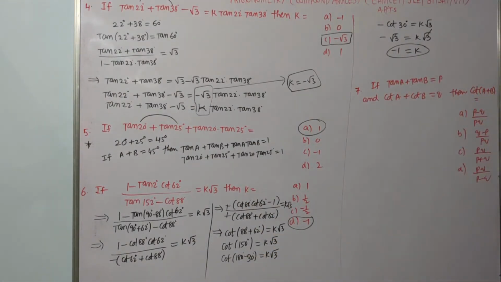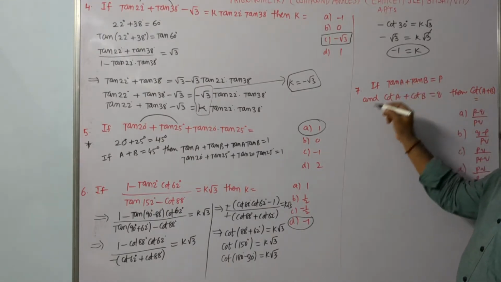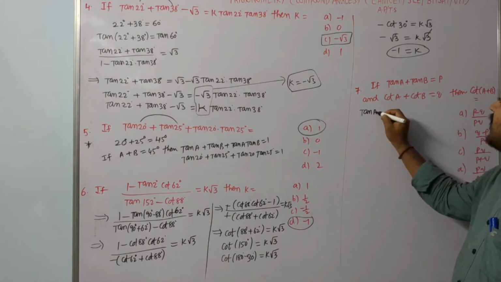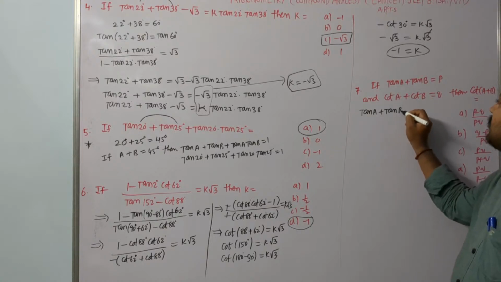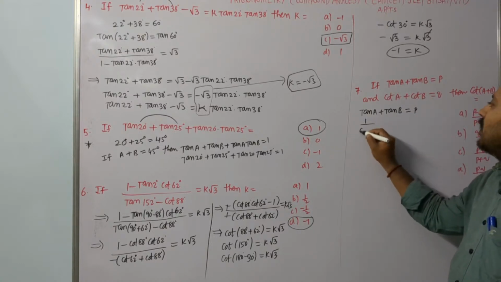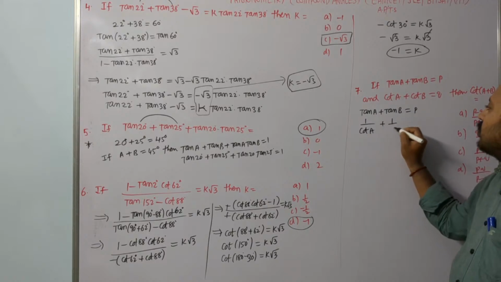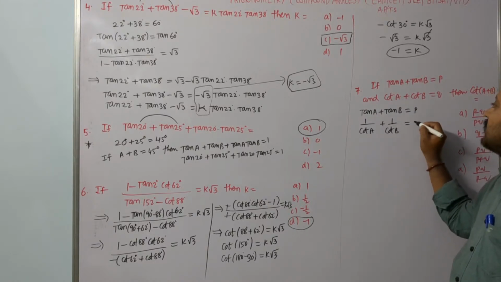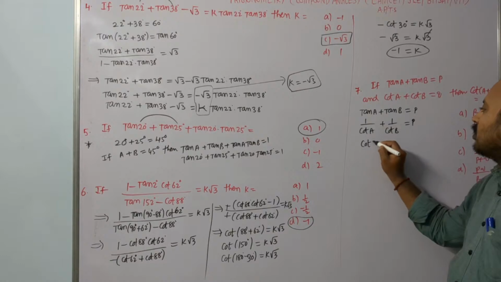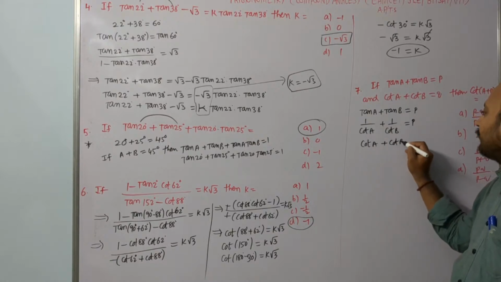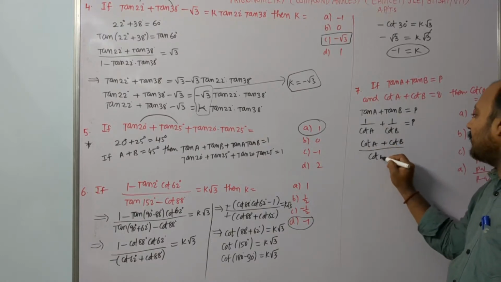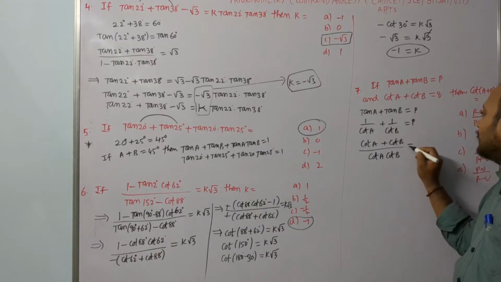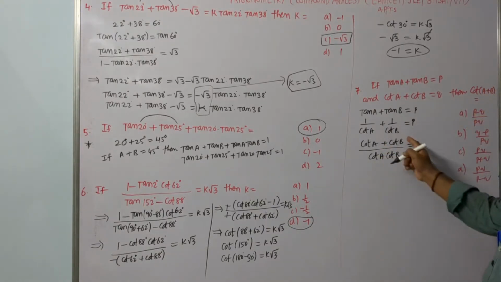Tan A plus tan B is equal to P, and cot A plus cot B is equal to Q, then cot of A plus B is equal to. So cot A plus cot B is there, no? From this, tan A plus tan B is equal to P, so 1 by cot A plus 1 by cot B is equal to P. Take LCM: cot A plus cot B divided by cot A cot B is equal to P. Cot A plus cot B value is what?